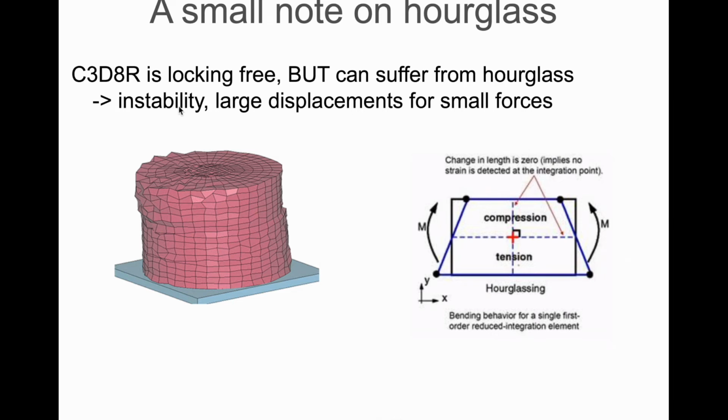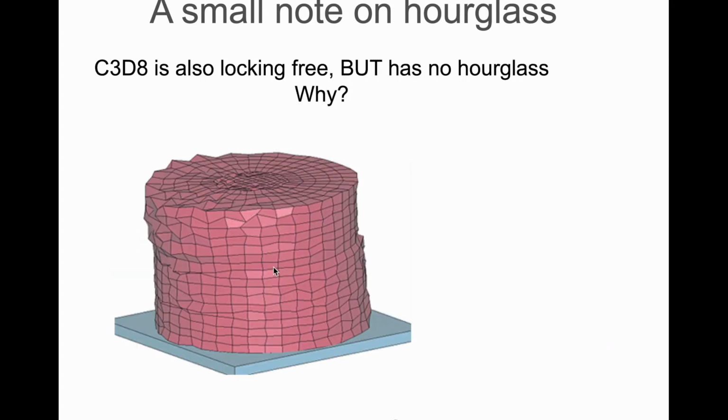Okay, so we are going to discuss this on the practical side of our classes, okay? So this is the C3D8R element. So you will also see that the C3D8 from Abaqus is also locking free. So the C3D8 is not actually the standard finite element you see in the books. There are some tricks. So there are no hourglass problems in C3D8.